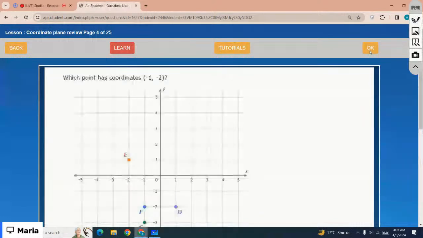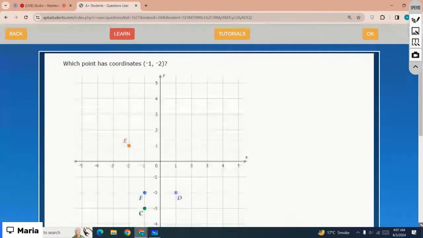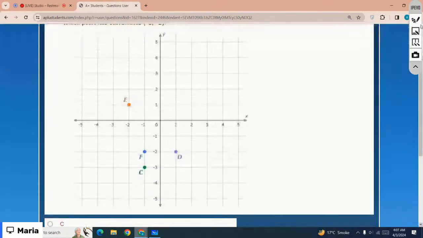Which point has the coordinates -1, -2, right? Which is the correct option? X is -1, y is -2, right? Both the values are negative. That means you are in the third quadrant.